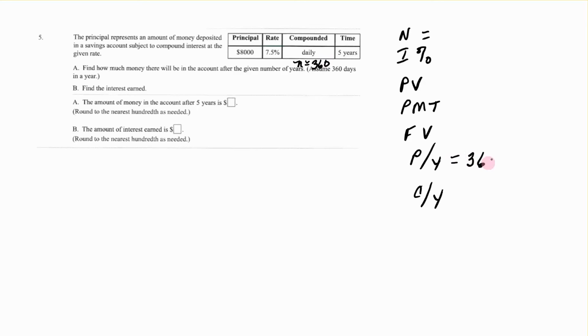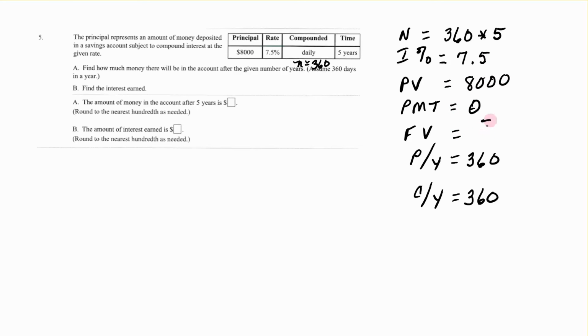So every single day, at the end of the day, they compound and add your interest on. They're going to do that for 5 years. So 360 times 5. Your interest rate is 7.5. Present value, the investment, is 8,000. Payment is 0. Future value, that's what we're looking for.